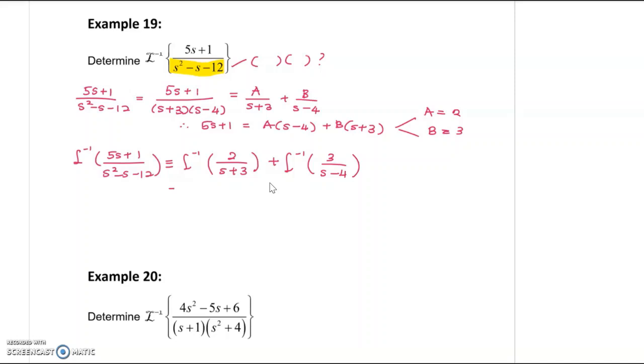So it is simply 2 times the inverse of 1 over s plus 3, which is exponent negative 3t, plus 3 times exponent of positive 4t. Alright, so that's it. That's how we use the partial fraction in order to get the inverse.